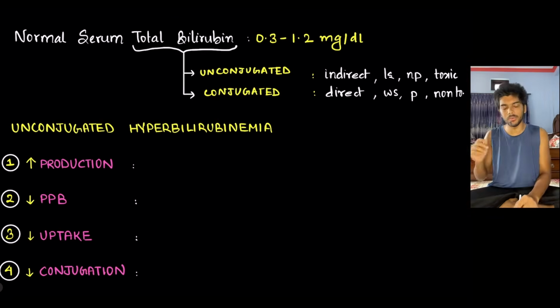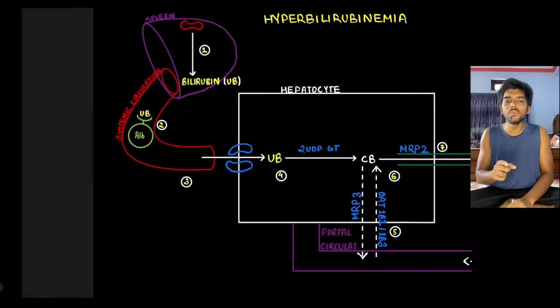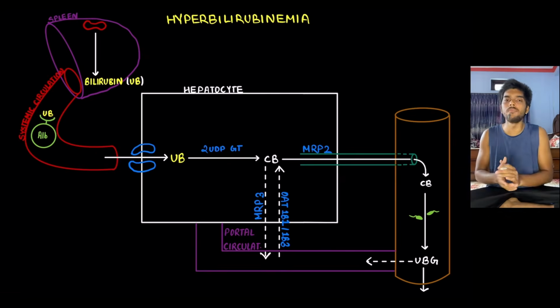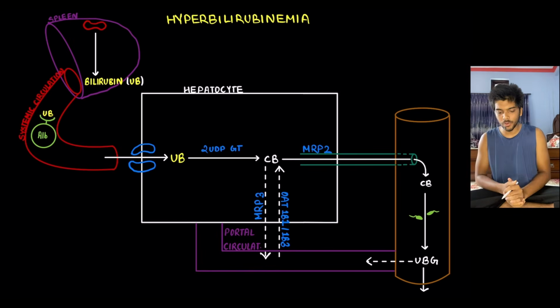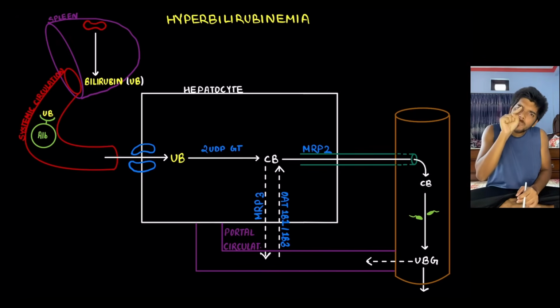Simple. All right. Now the question is, what leads to increase in bilirubin in the body? And for that, you need to know the story of the metabolism of bilirubin. And fortunately, we have already learned that. Now, in this story, there are specific pinpoints where pathological defects occur that lead to hyperbilirubinemia.